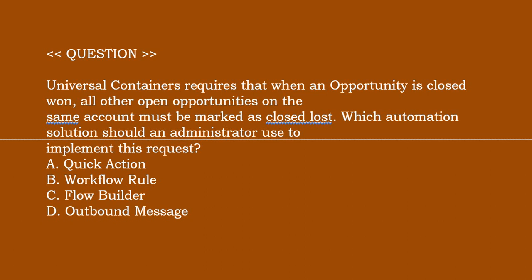Option C is Flow Builder. Option D is outbound message. The correct answer is option C.